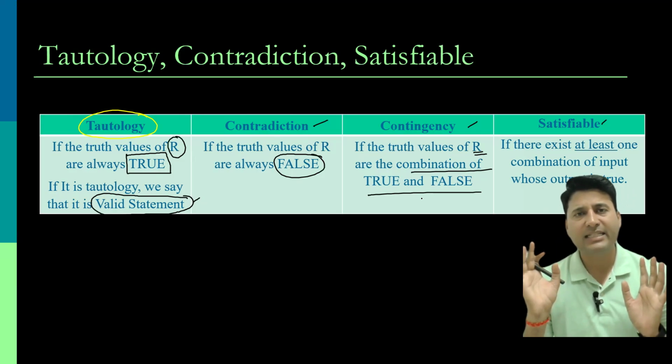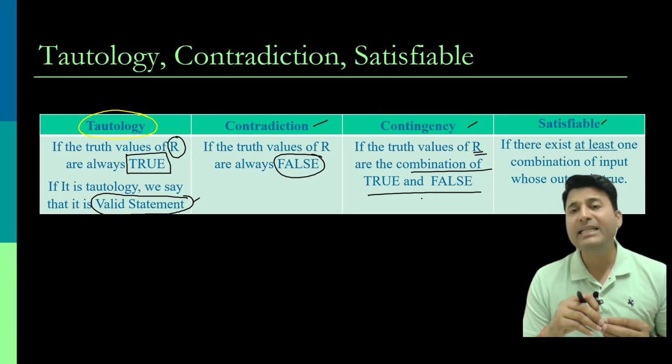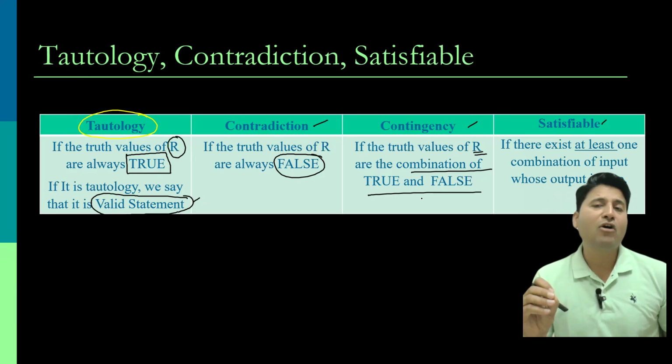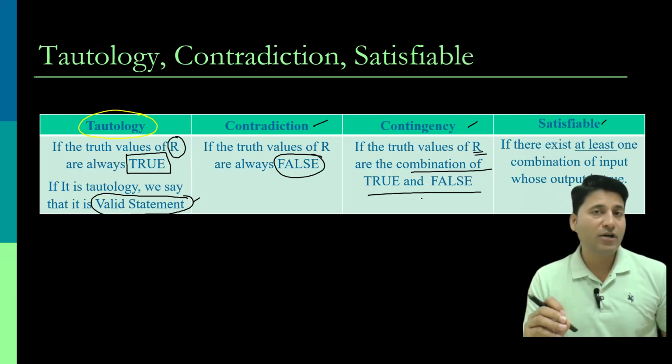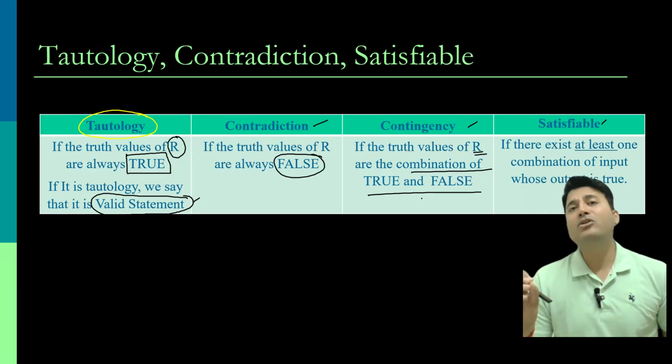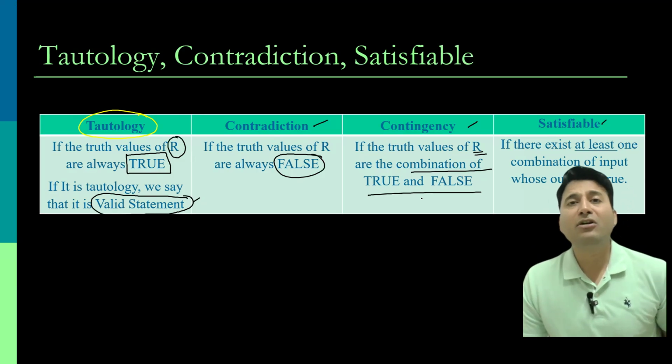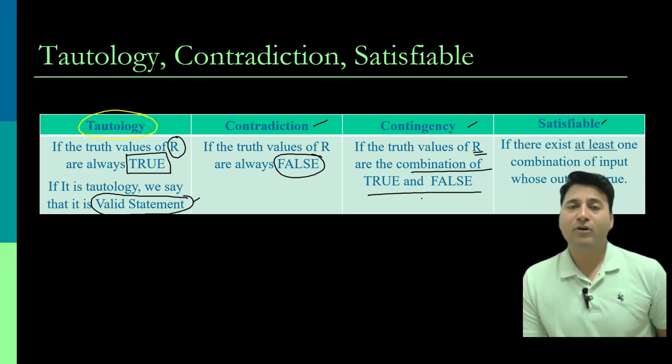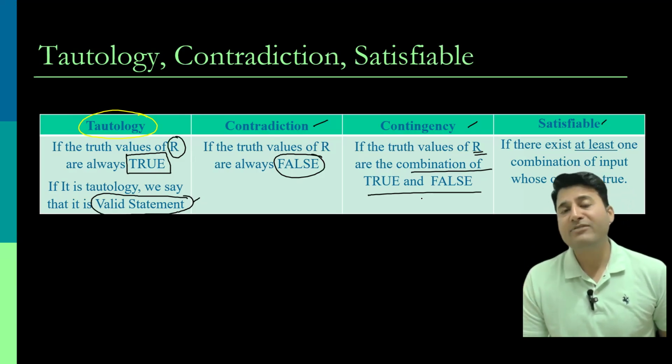If at least 1T and 1F is there, we call it a contingency. The compound proposition is called a contingency if its final truth value is a combination of few T and few F, or at least 1T and at least 1F.